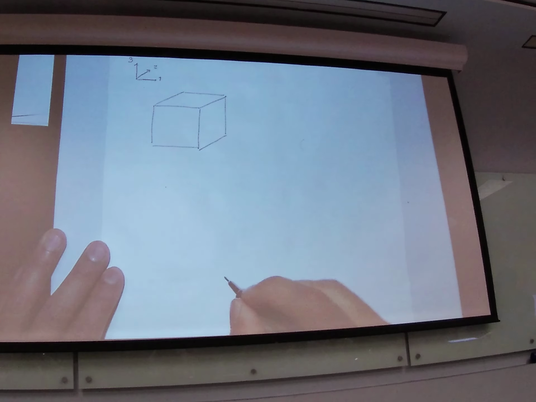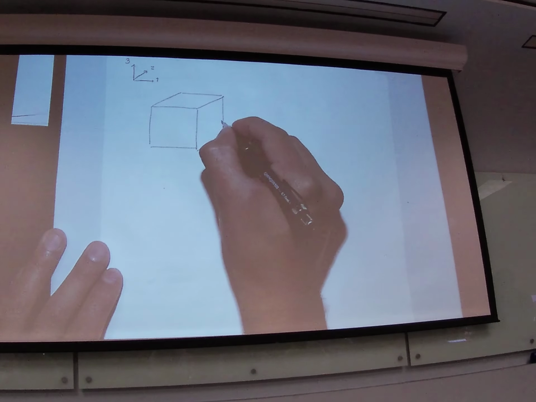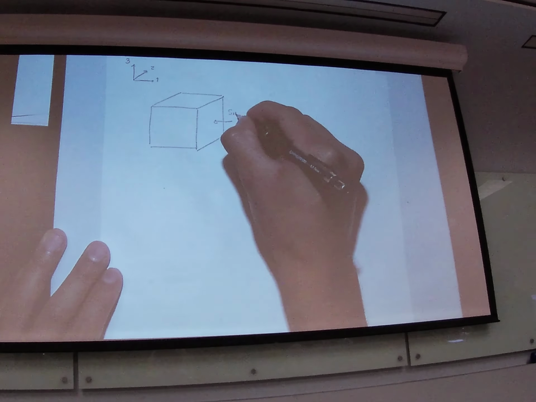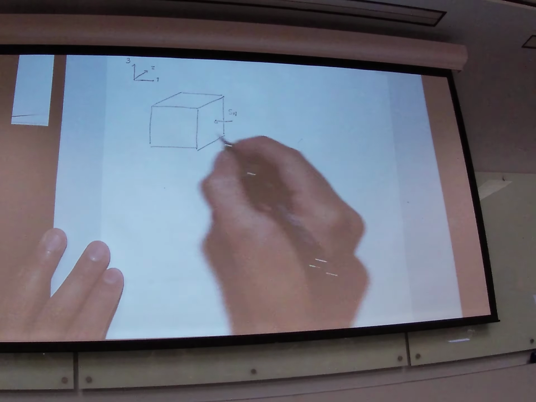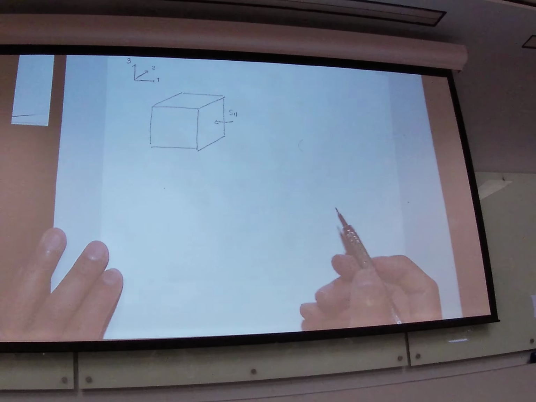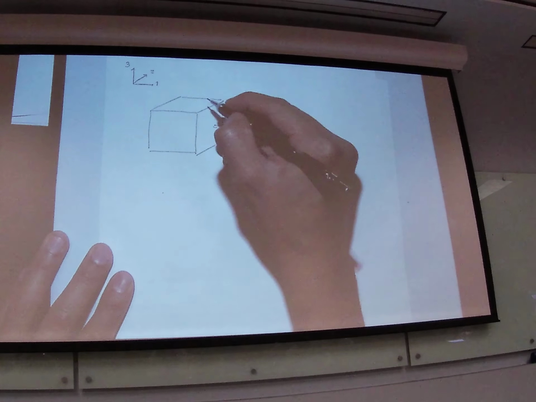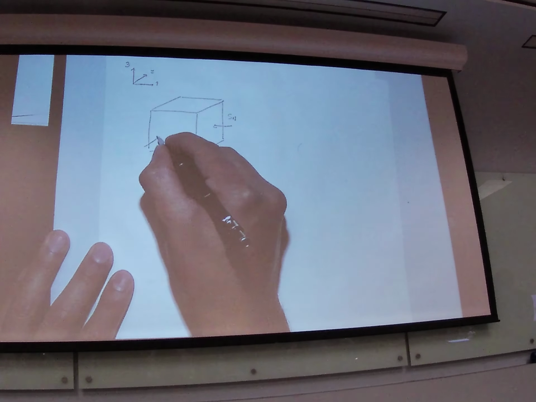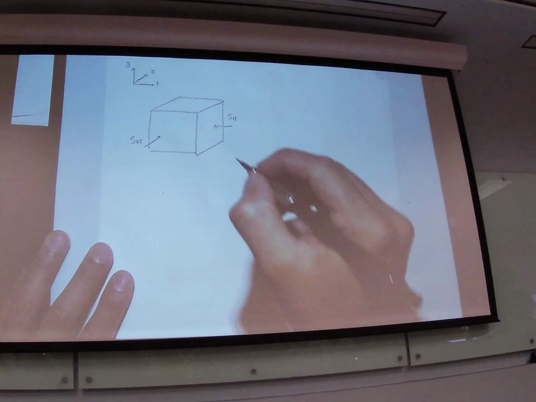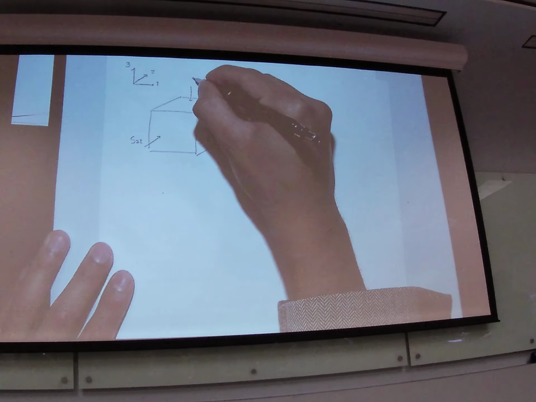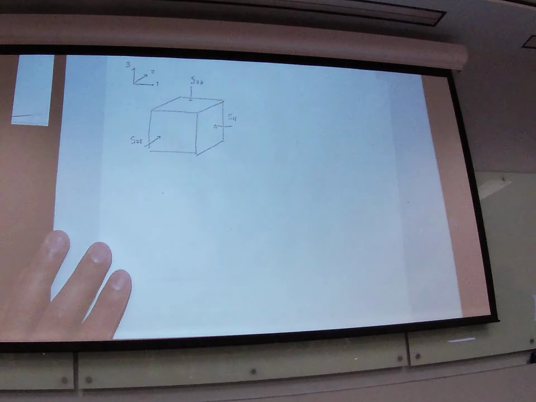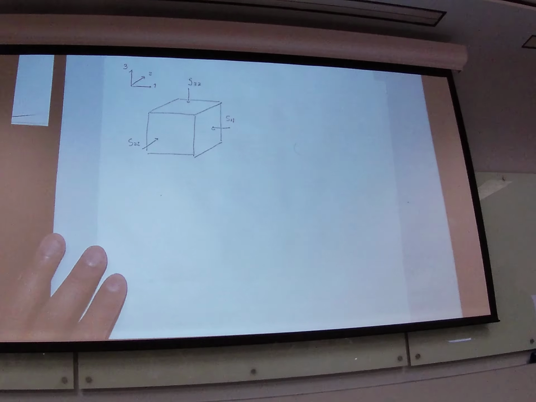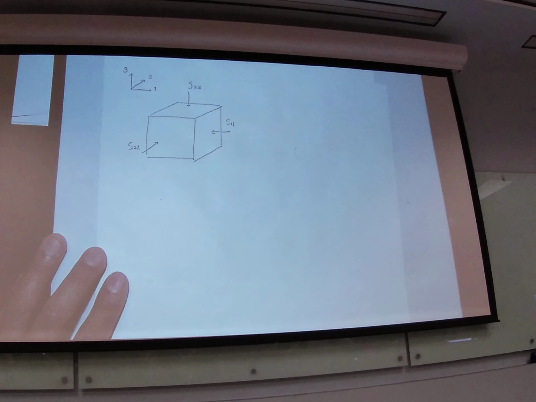We're going to have, as we said before, our stresses, S11. There is going to be the same stress applied on the other face that you can see. This stress in this direction, and this stress in this other direction. Those are going to be the normal stresses, correct?